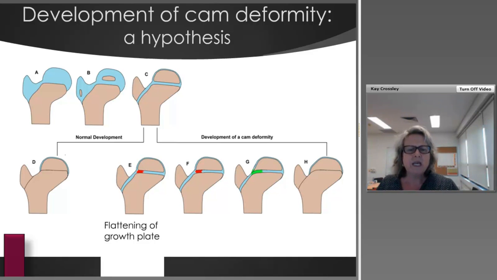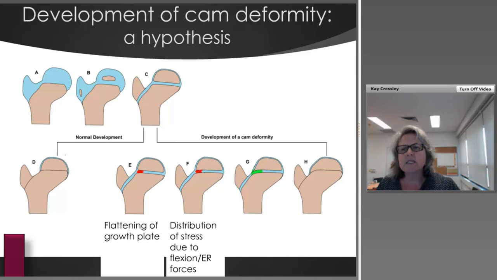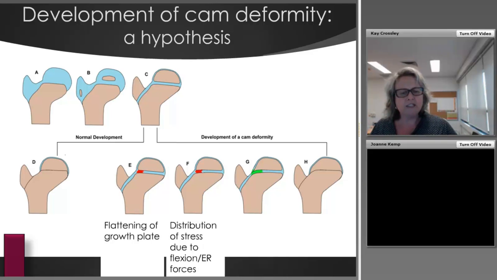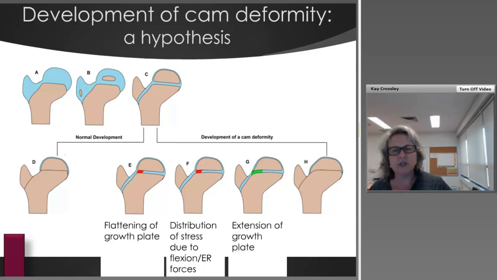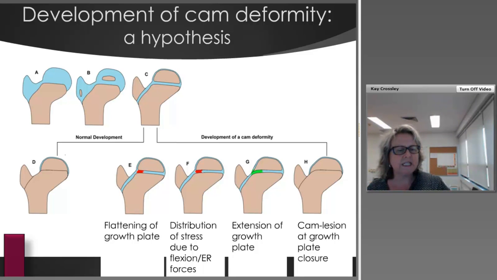However, if an adolescent is exposed to a lot of external rotation during adolescence, then we start to see this flattening of the growth plate, which we can see in the graph E. We then get a higher stress distributed to the head neck junction, which is due to these flexion and external rotation forces, followed by an extension of the growth plate, and finally, as we get towards the end of adolescence, we develop this cam lesion.